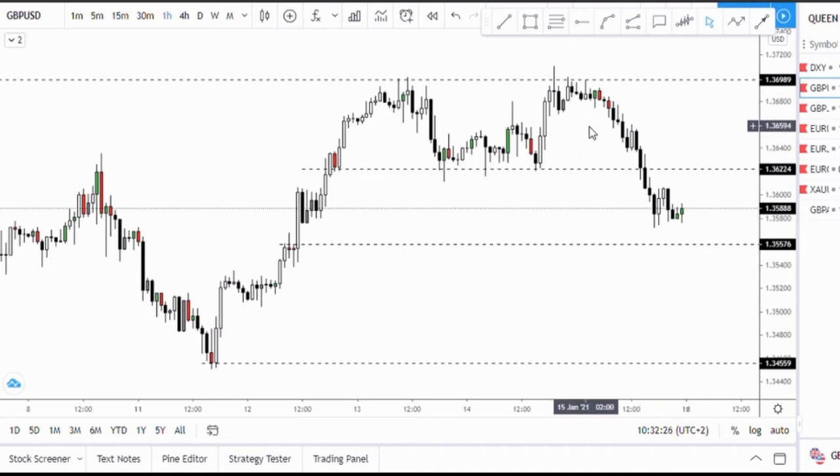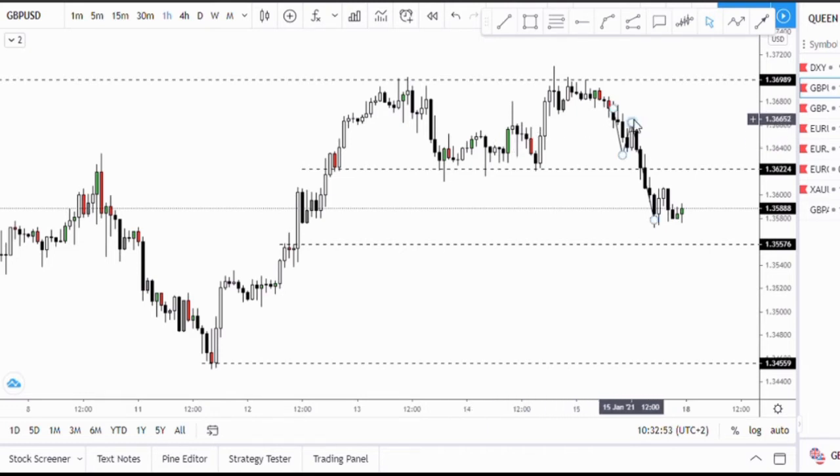So when price opened around here for London session, you see how price went down and then it came up. So price went down, it retested, and it kept going down. That's how the opening of London session tells you the market structure.